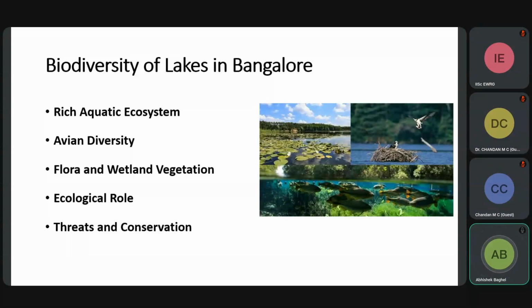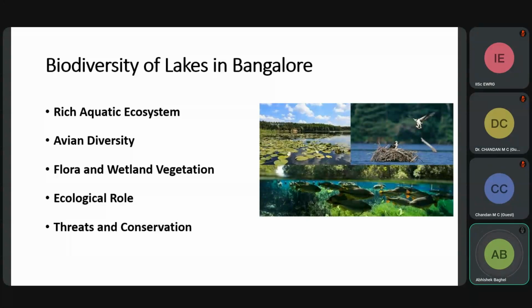So with the fauna done, flora and wetland vegetation also includes the lotus, water hyacinth, reeds, which help in water purification also. And the lake also supports the surrounding trees such as banyan, peepal, willows for nesting sites for the resident birds.